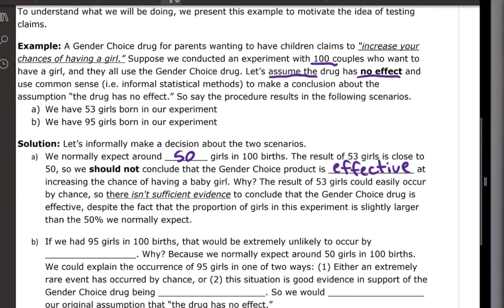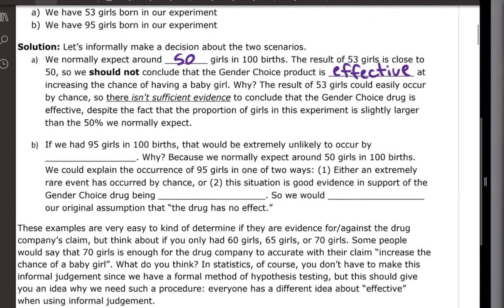And why should we not conclude that? Well, 53 is a little higher than 50%, but it's not statistically significantly higher than 50%. It's not far enough away to warrant the drug doing what it says it does. So we would say there's not sufficient evidence to conclude that the gender choice drug is effective.